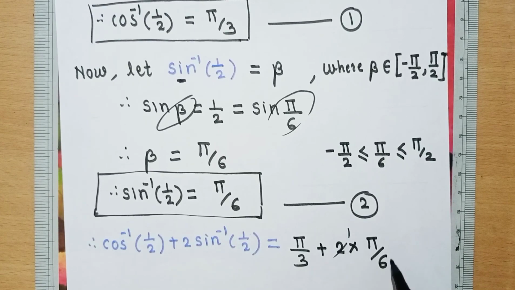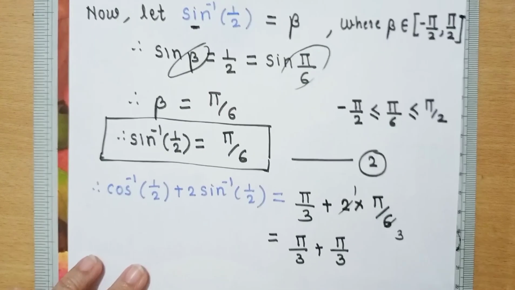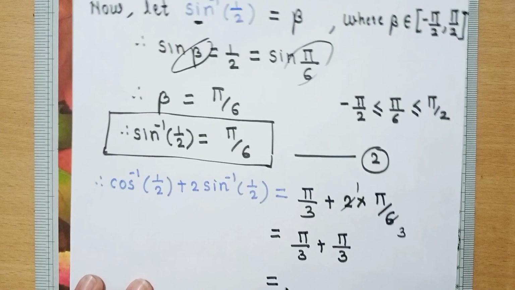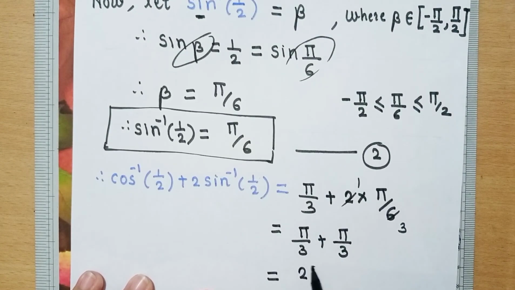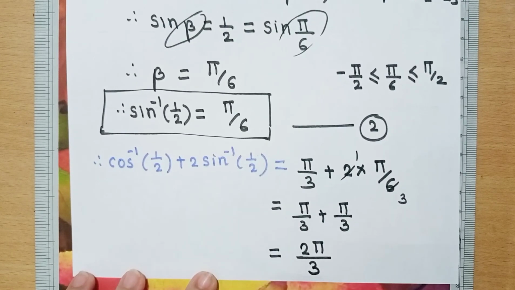So 2 1s are 2, 2 3s are 6, so that is equal to pi by 3 plus pi by 3, and so the final answer is 2 pi by 3. This is the value of our given function, and in the same way you have to solve the remaining examples.